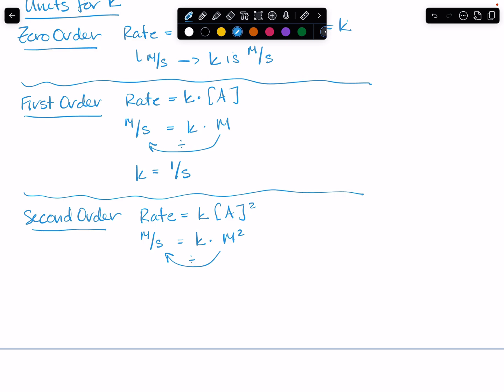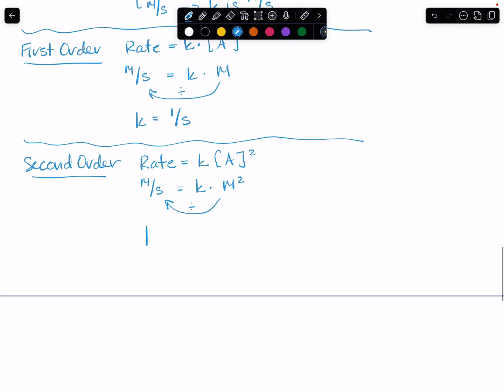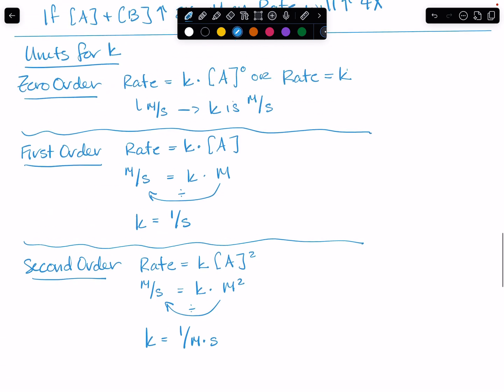When we divide this over, the molar portion of the rate unit is going to cancel, but we still have one left. So the unit for K is going to be equal to per molar times seconds. We went from molar per second, to per second, now to per molar seconds. You can see the molar goes away and then starts to pop up in the denominator.